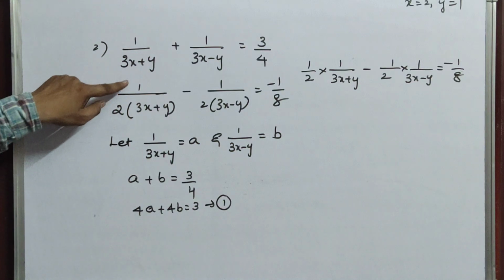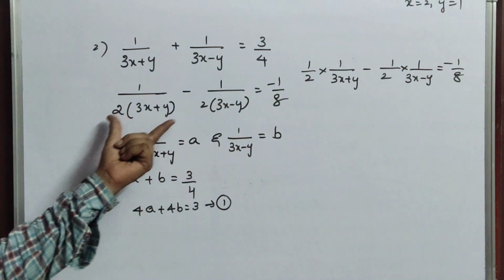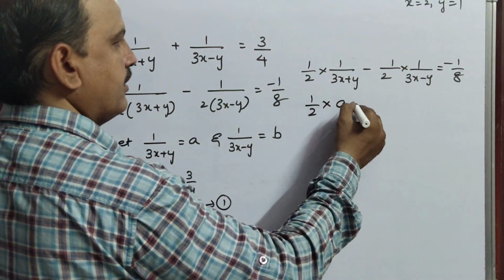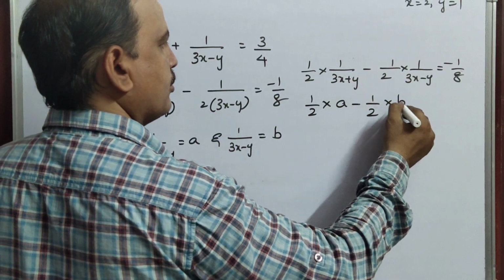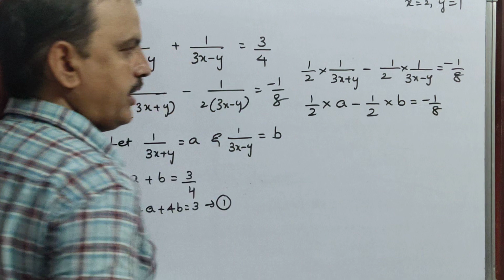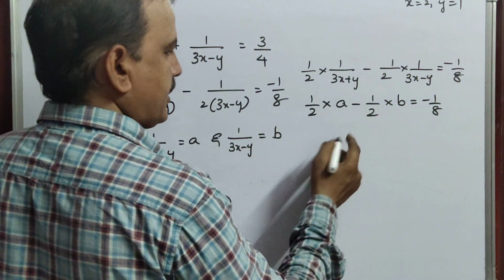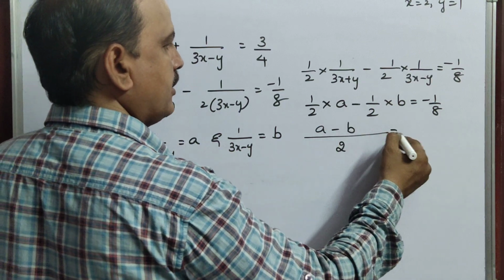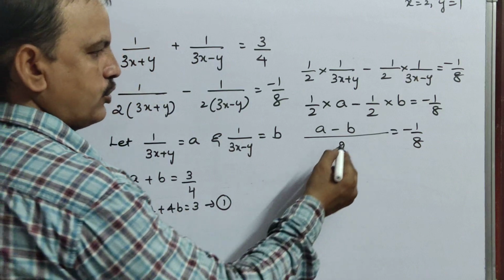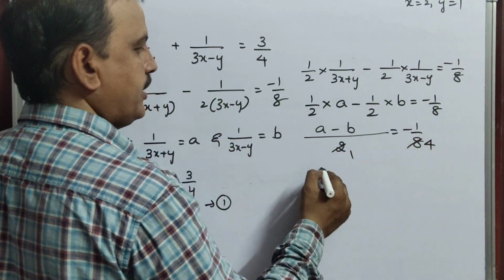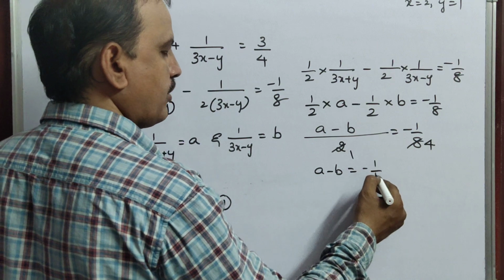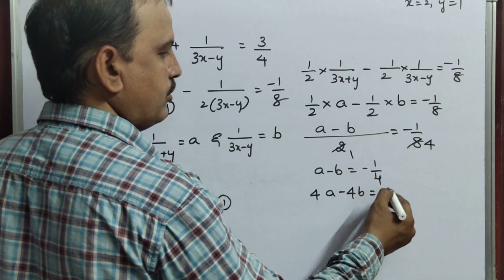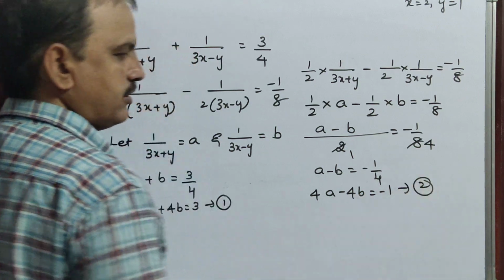This can be written in this way: 1 by 2 into a minus 1 by 2 into b equals minus 1 by 8. Now the LCM is the same here, so you can take 2. 1 into a minus 1 into b equals minus 1 by 8. 2 ones are 2, 2 fours are 8. That means a minus b equals minus 1 by 4. This 4 comes here: 4a minus 4b equals minus 1. So that is equation 2.